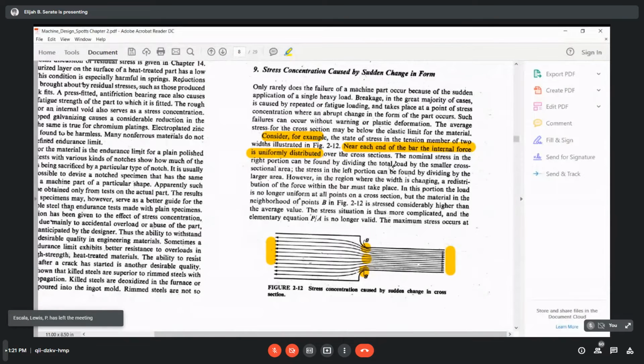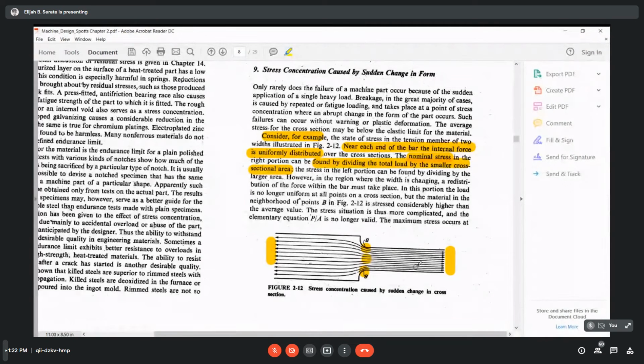So, the nominal stress is found by dividing the internal force by the smaller cross-section.